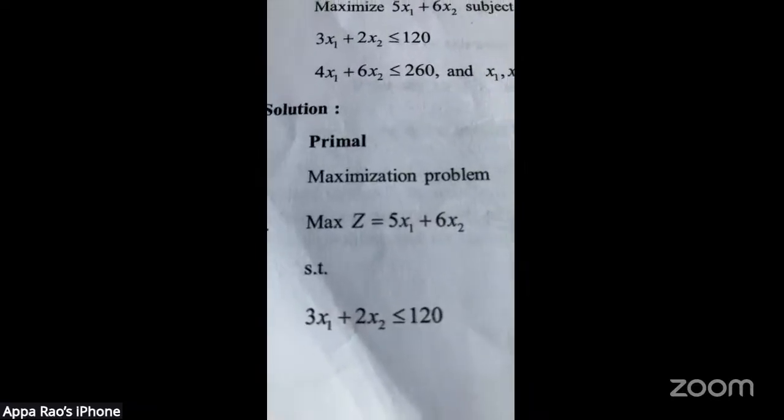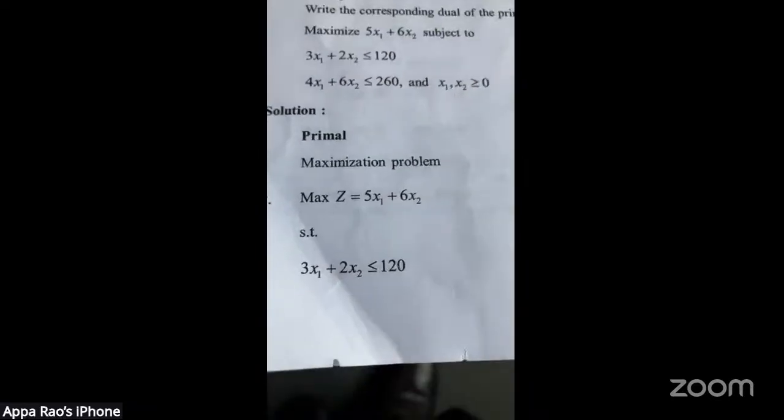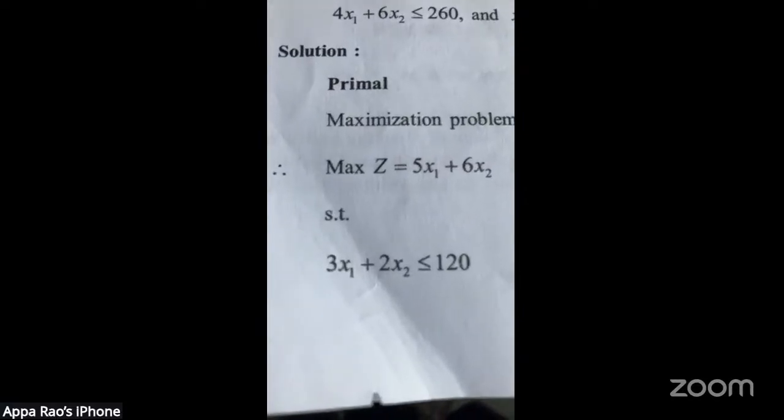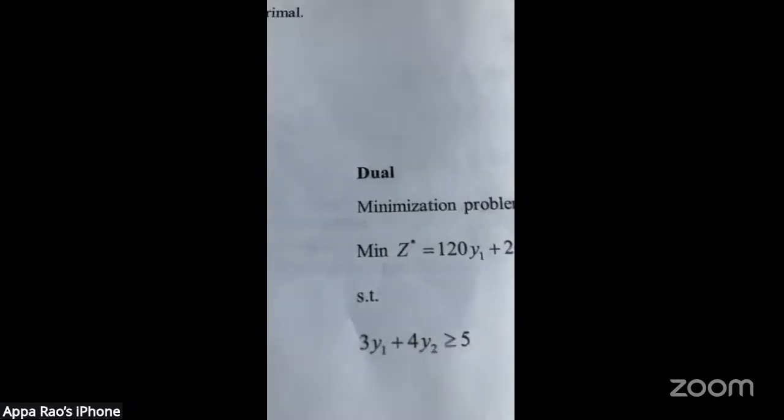Solution: the primal is a maximization problem. Max z equals 5x1 plus 6x2 such that 3x1 plus 2x2 less than or equal to 120.